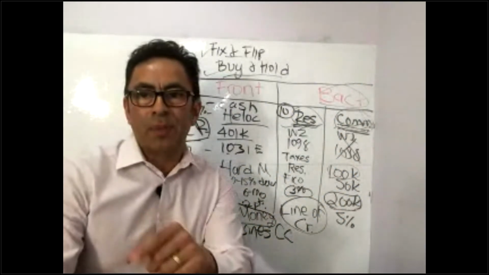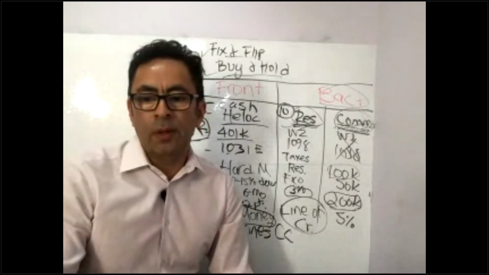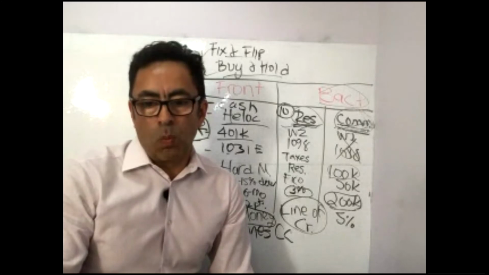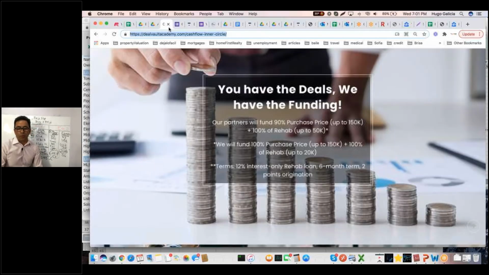So I'm going to share my screen and show you what we have for you. Okay. So we created the Cash Flow Inner Circle. Let me pull it up on the screen.